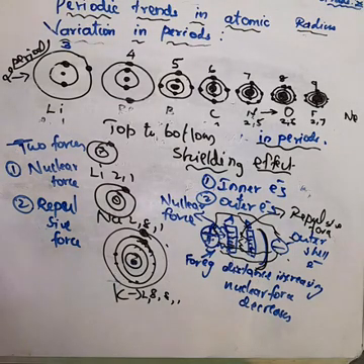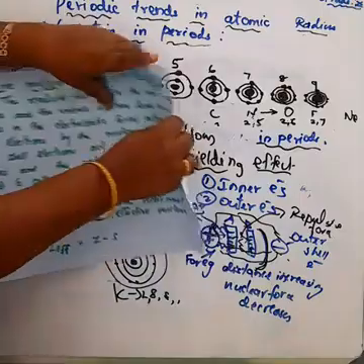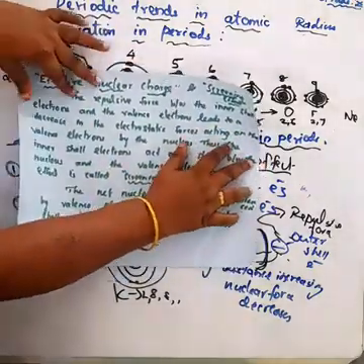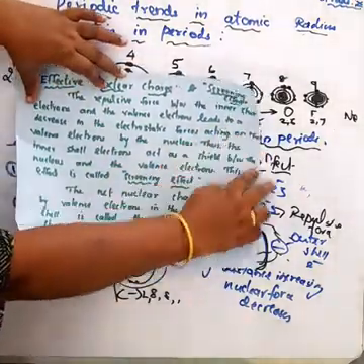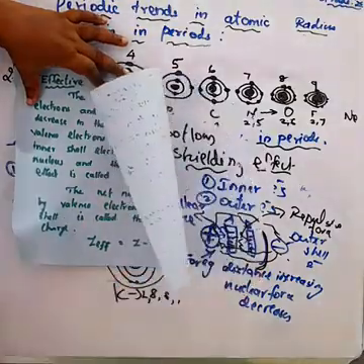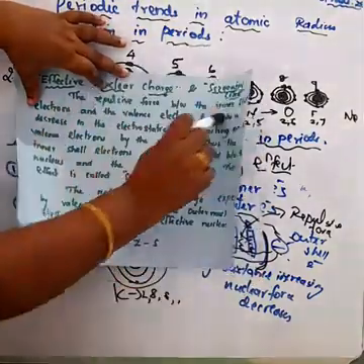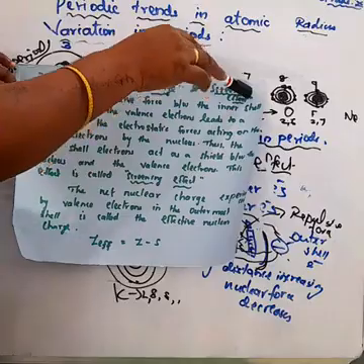The repulsive force between the inner electron and the valence electron leads to a decrease in the nuclear electrostatic attractive force acting upon the valence electron by the nucleus.